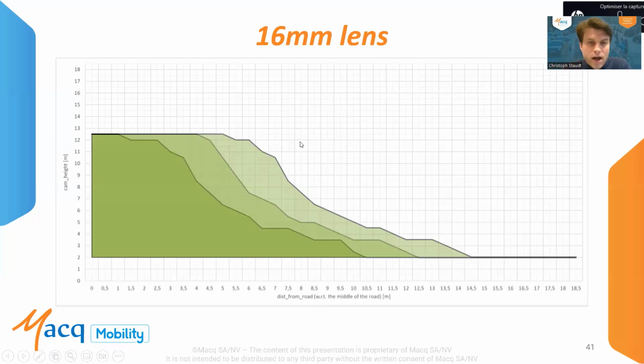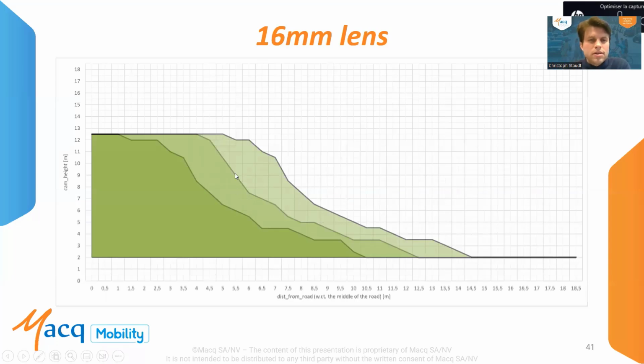The light green on the right is meant for the one-lane scenario. You have 1 lane, so you can go up to 14.5 meters from the middle of the road. You can position your pole and install the camera.